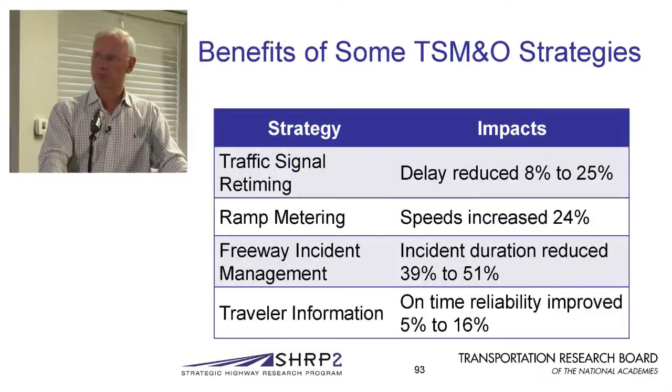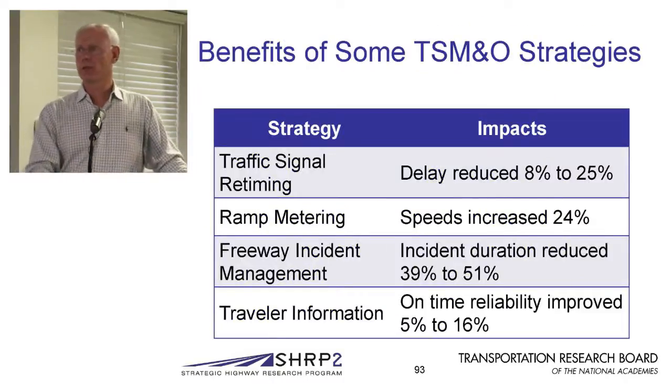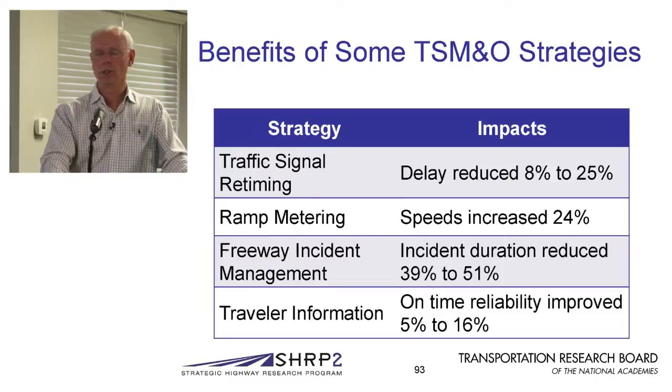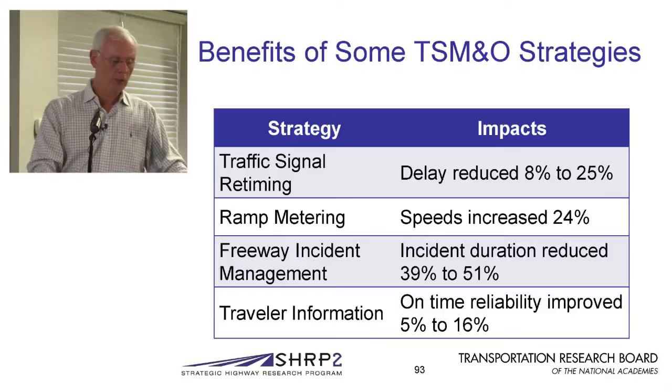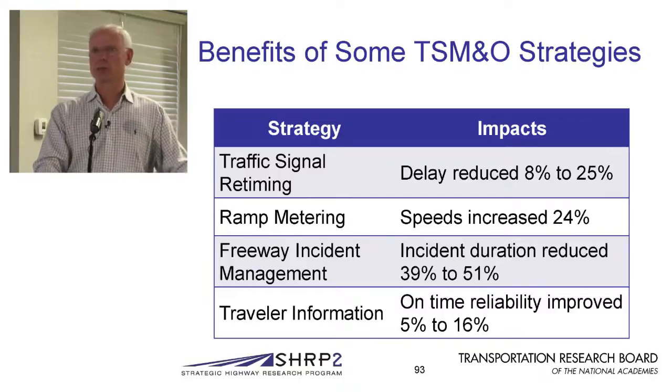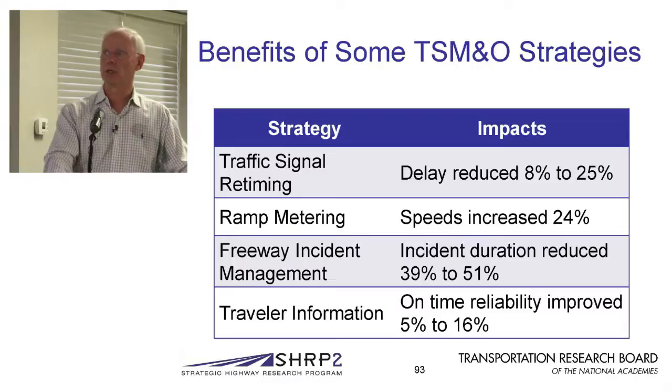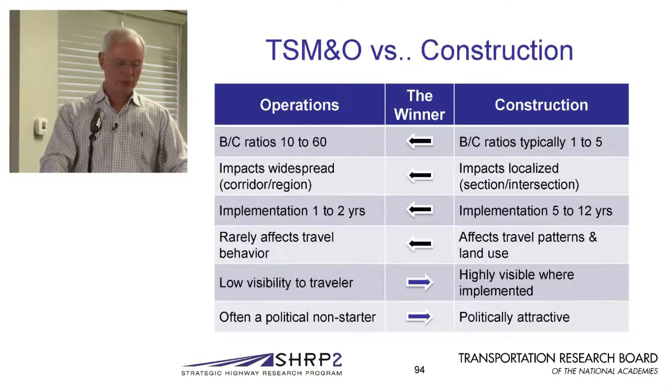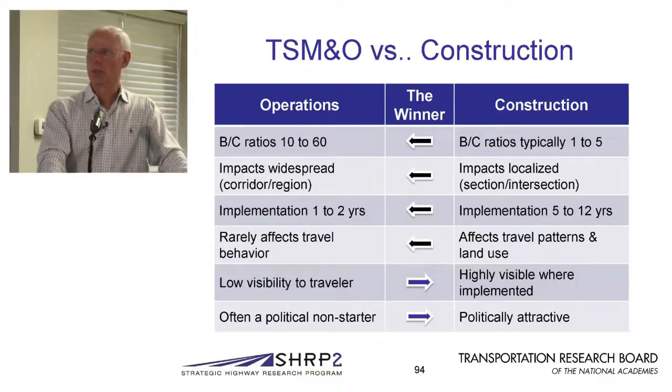This chart illustrates some of the benefits that have been reported. A lot of this obviously depends on the preconditions and what was measured and how it was measured, but there are very positive benefits throughout the literature. This chart basically contrasts operations and construction from a number of different perspectives.